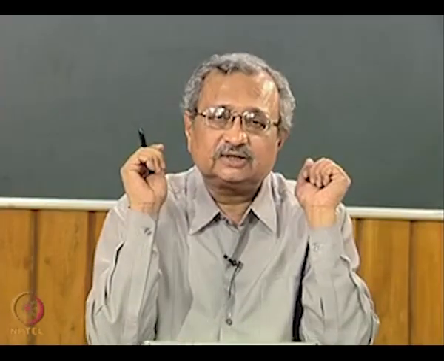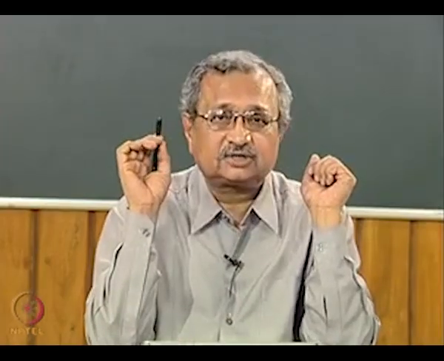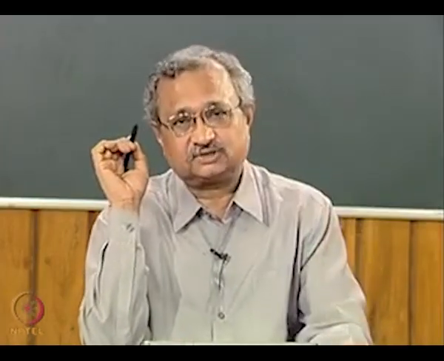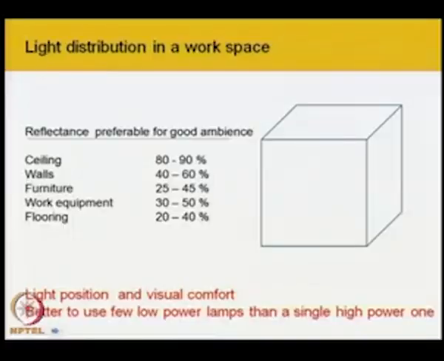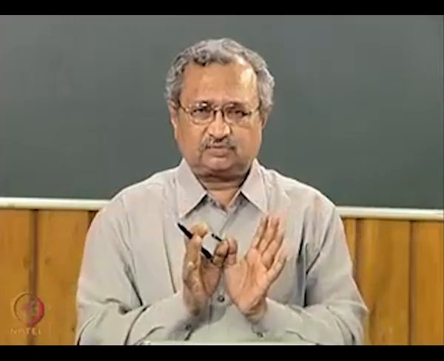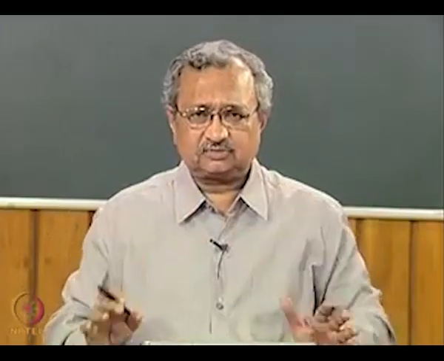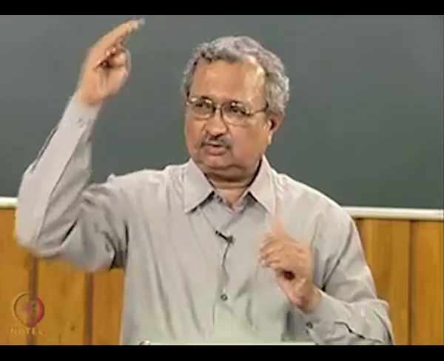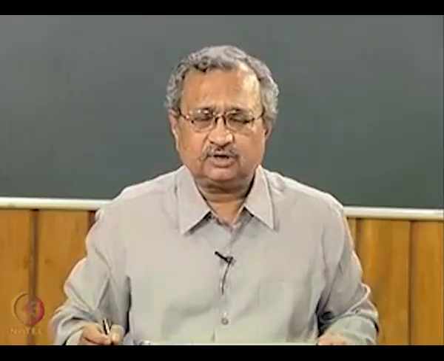Now, another thing comes: light distribution in a workplace. In a specific space where you are working, whatever light intensity is required to perform a task, from the ceiling, walls, floor, furniture and the object of interest, how much light should reflect to me to have a balanced ambience?